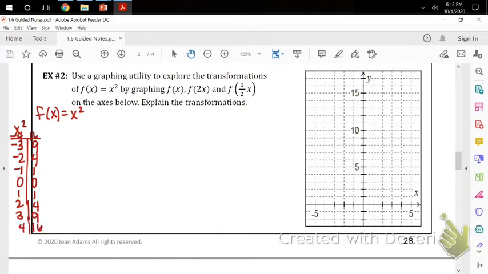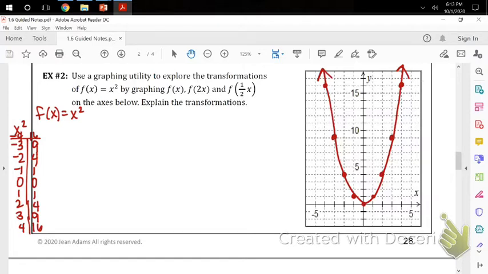That way we can see the full thing here. All right, so there's a graph of f of x equals x squared.